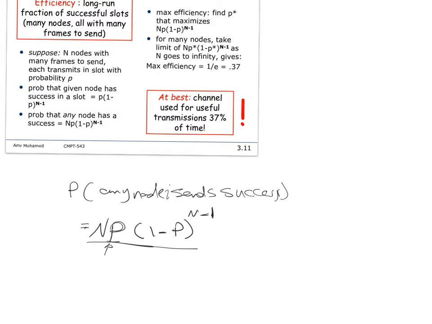This is a function of P. How can we get the maximum of this function? How can we get the maximum of any function, any polynomial function?